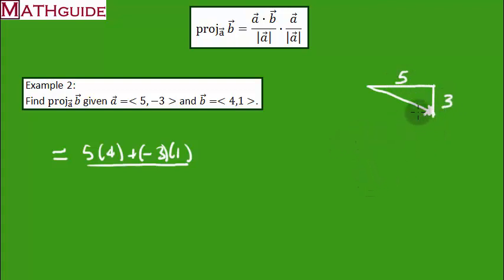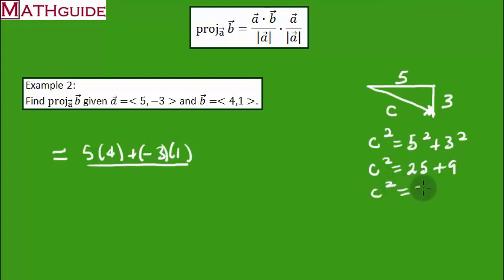So let's get that. To get this value c, which of course we know is going to be the Pythagorean theorem, c squared is 5 squared plus 3 squared. So I know that that's 25 plus 9. If I take the square root, I get the square root of 34. So I know now that this is the square root of 34.